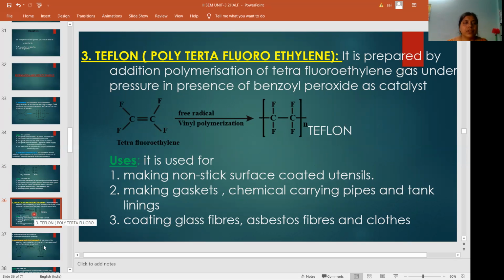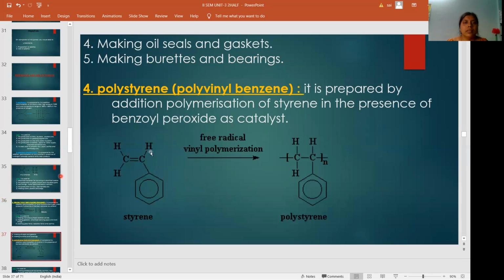Then next, styrene. In ethylene group, 1 hydrogen is replaced by benzene. That is styrene or vinyl benzene. That is also undergoing addition polymerization. So break that bond and keep n. That's it. So these are addition polymers: polythene, PVC, Teflon, polystyrene.